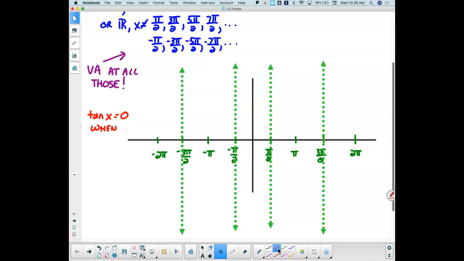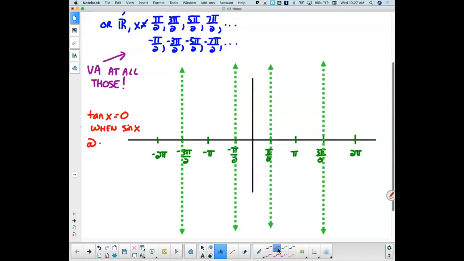So when is that? 180 degrees, 360? No. Remember, you guys told me my function, tangent of x, was sine of x over cosine of x. When is that fraction equal to 0? When sine is 0. Where is sine equal to 0? So this would be at the whole pi's, is what Liz was saying, right?